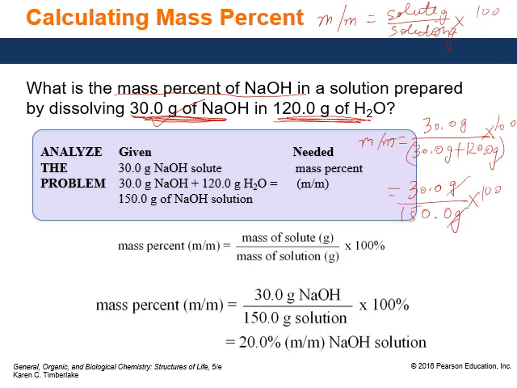So grams and grams got cancelled. Now your final answer is in percentage, which would give you 20.0% NaOH solution. So this is our concentration. Okay. Again, this is when the question is asking you to calculate the mass percent. You use the formula. Okay.